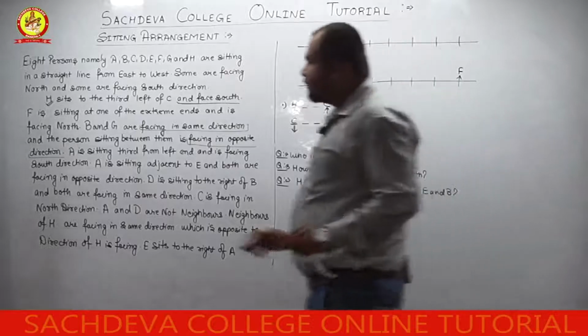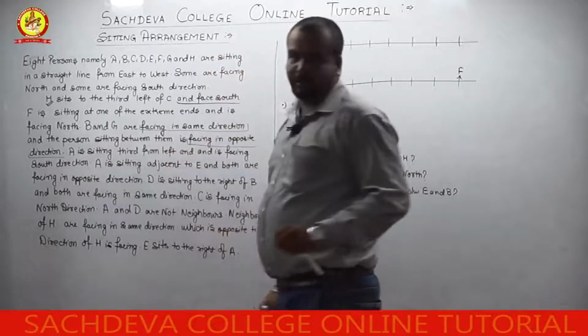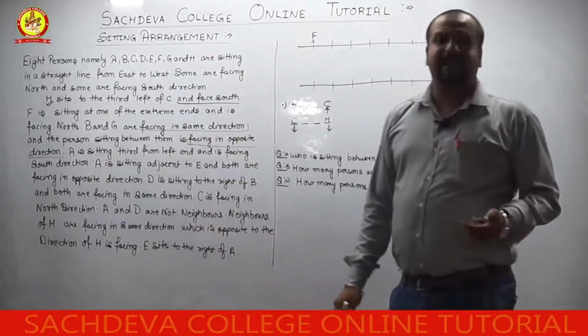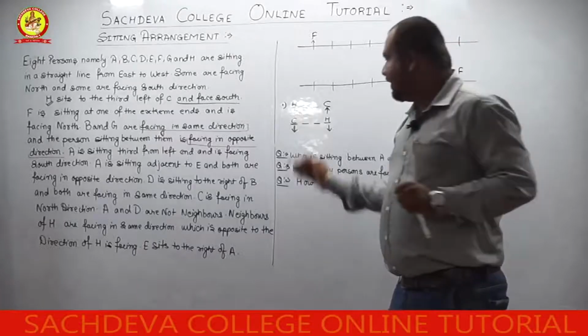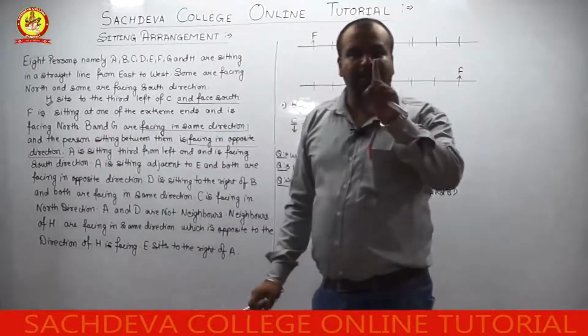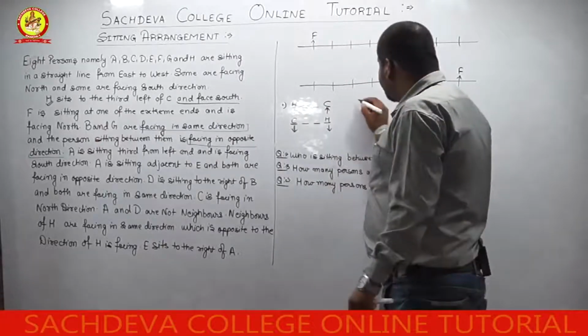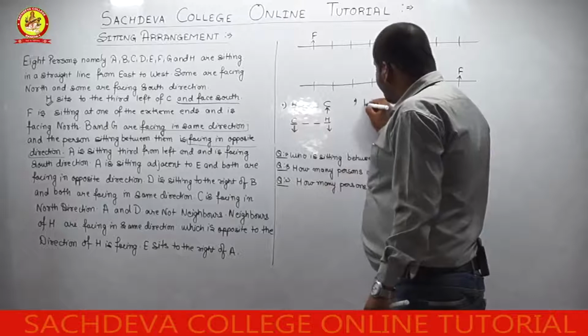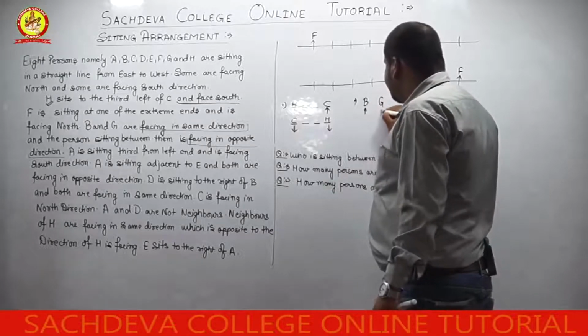The next thing is B and G are facing in the same direction. Where are B and G sitting, and how many persons are between them? In the next line, "and the person...", it means only one person is sitting between B and G. Next rough information is that B and G are facing in the same direction.